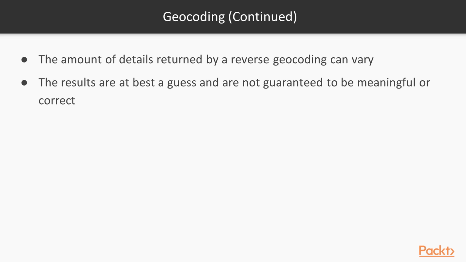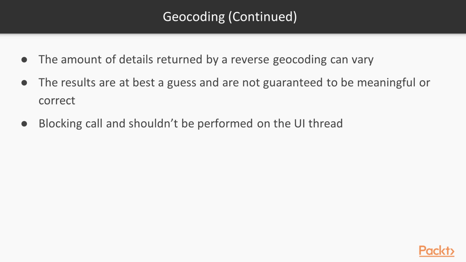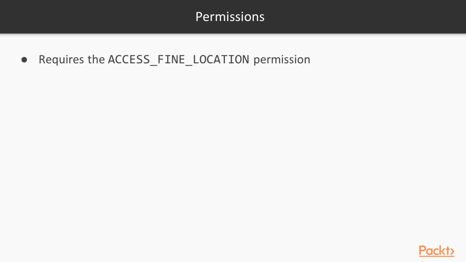So there's no guarantee in the API that the location that you get back is accurate. In my experience, it has been fairly accurate, and I've been able to return my own address using it. Furthermore, when you access the reverse geocoding API, it's a blocking call and it should never be performed in the UI thread.